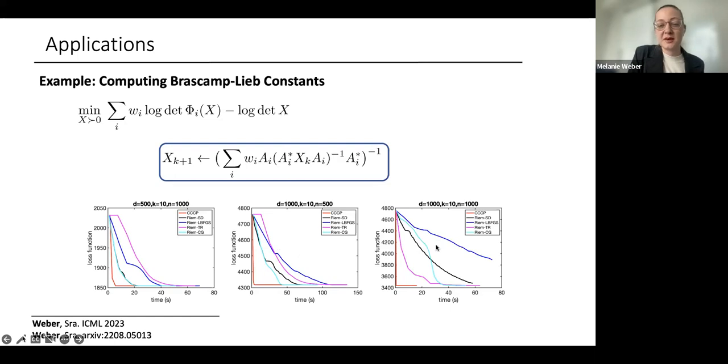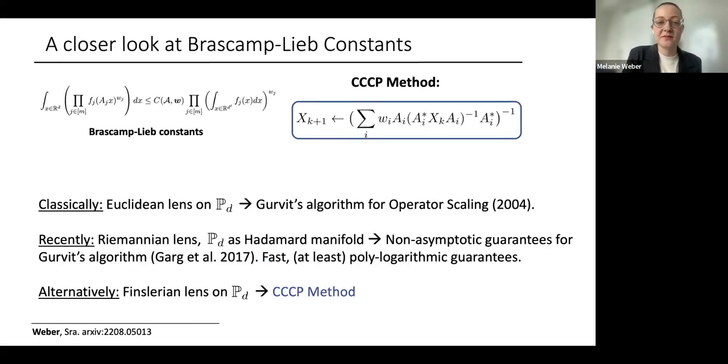Looking at those plots, we actually see that it performs quite a bit better than the first order methods. That's a hint already that perhaps our analysis of worst case sublinear rates might be a bit too conservative, which is in fact something that we explored in this follow-up work.